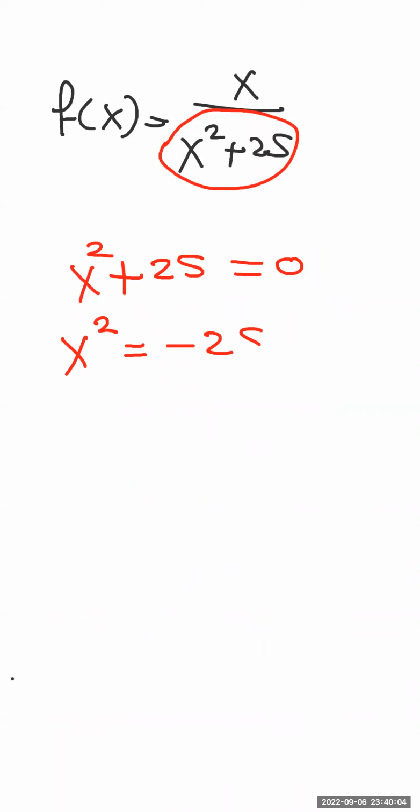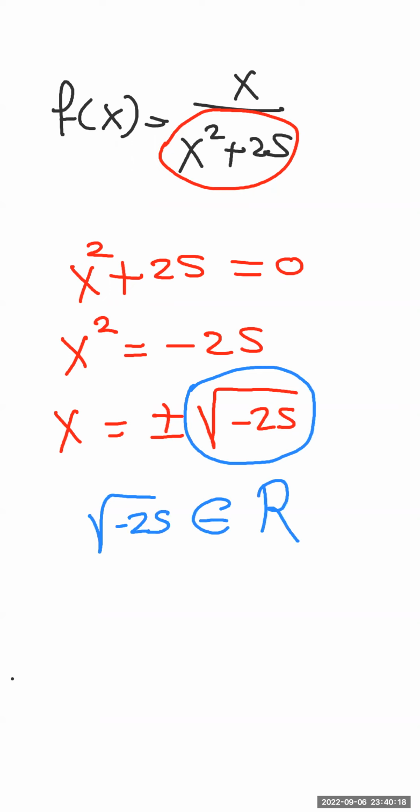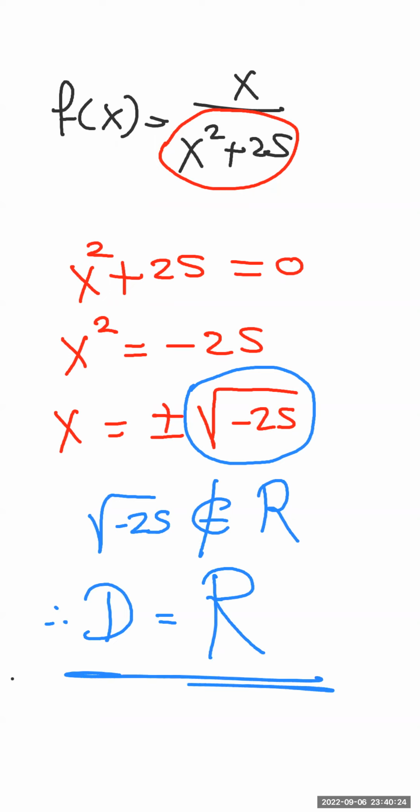Then x equals positive or negative square root of negative 25. In this case, this does not belong to the real numbers. Therefore, the domain will equal all real numbers without any, without any what?